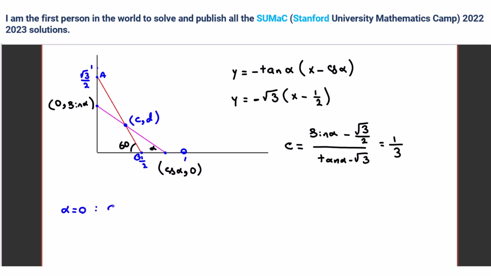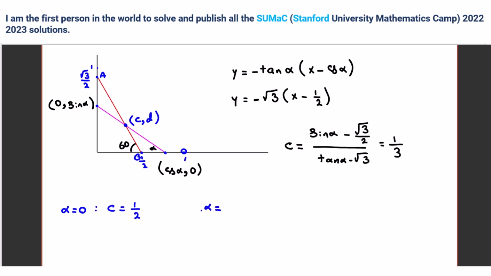When alpha is 0, c is equal to what? c is equal to 1/2, because it is 0 over 0, if you divide it, it would be 1. So when alpha is 0, it starts from 1.